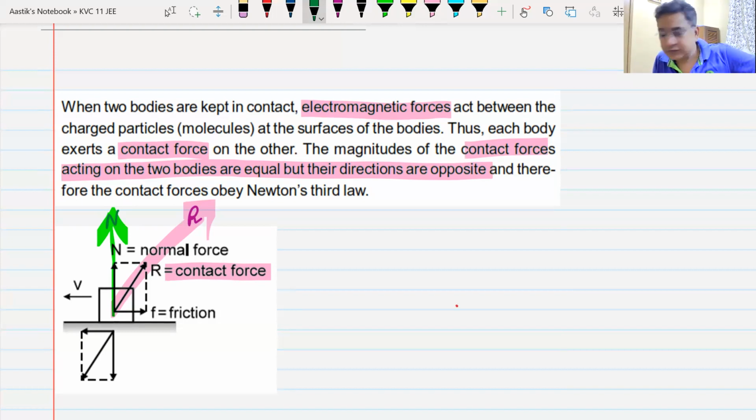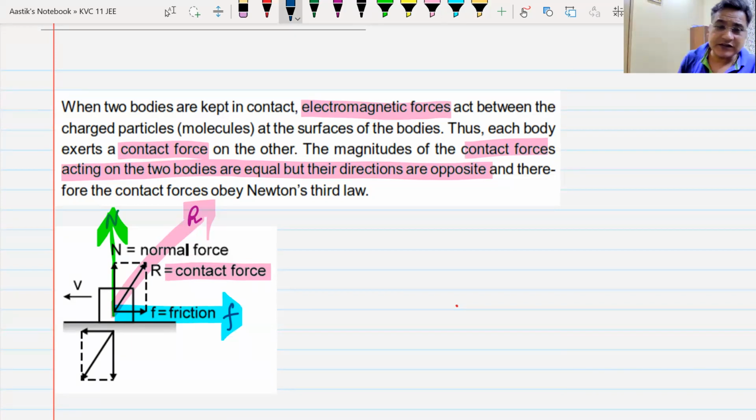You can also resolve this contact force into a component which is parallel to the two bodies. If in this case the body is moving towards left, there might be a force towards right, coming because of the contact between the two bodies. This component of the contact force, which opposes the relative motion between the two bodies, is known as friction.